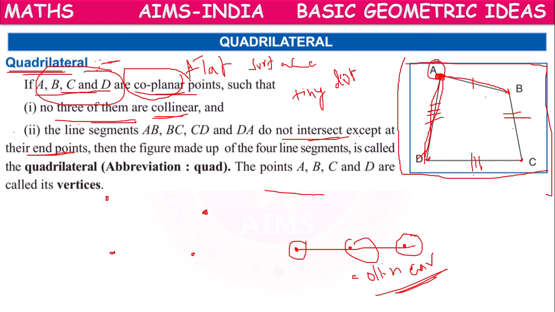Suppose we draw like this, now they are not intersecting at endpoints, because this is the endpoint, but the lines are intersecting at some other point. So our condition is that compulsorily they should intersect at endpoints. Then the figure formed, which is made up of four line segments, is called the quadrilateral.